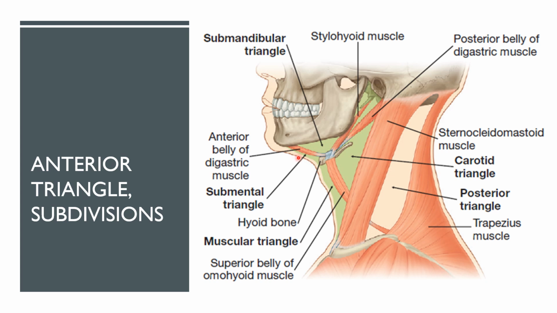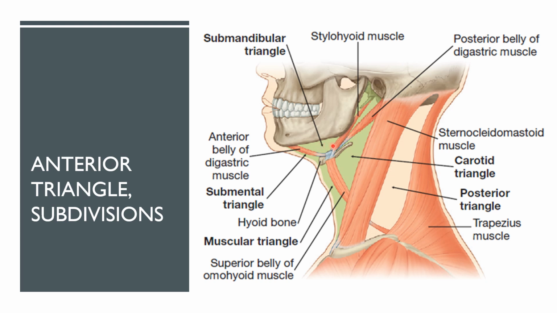So anterior here between the anterior belly of digastric muscle and the hyoid bone, we have this small triangle here called submental triangle. The other triangle, which is found between the anterior belly of digastric, posterior belly of digastric, and mandible above, which is here, this triangle is called submandibular triangle.